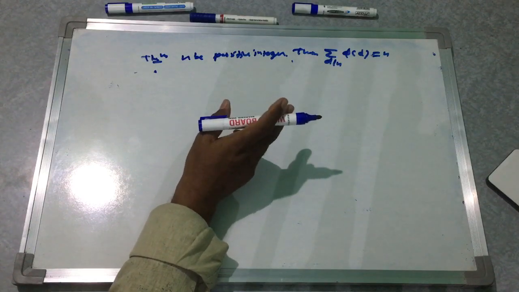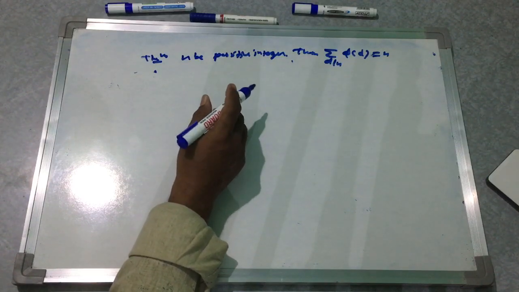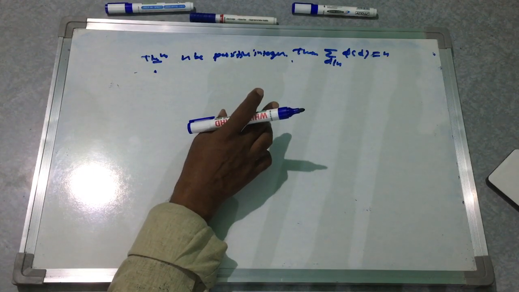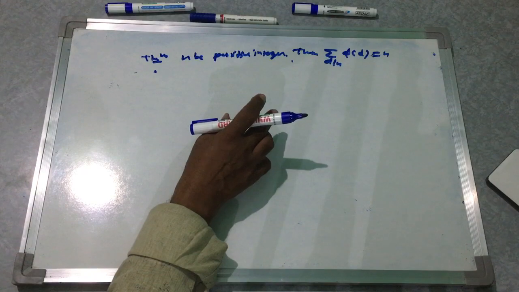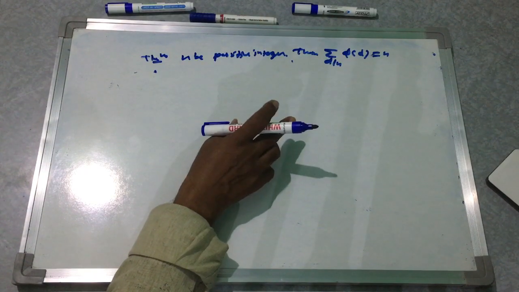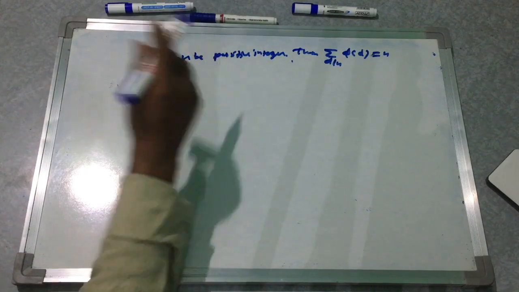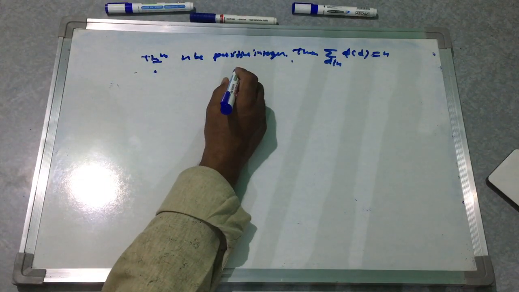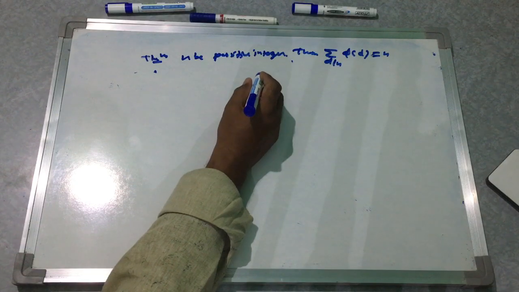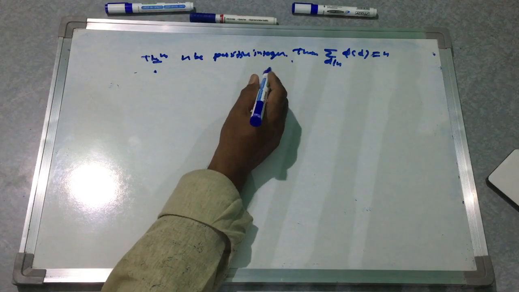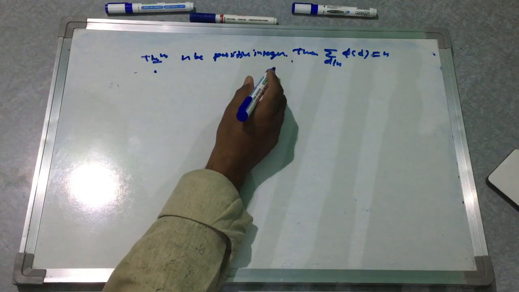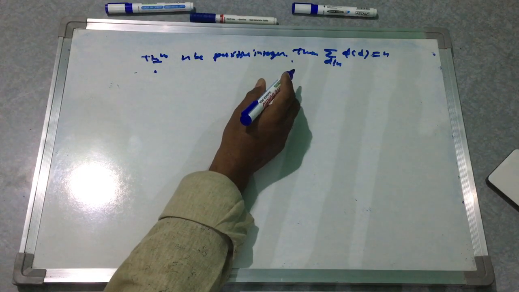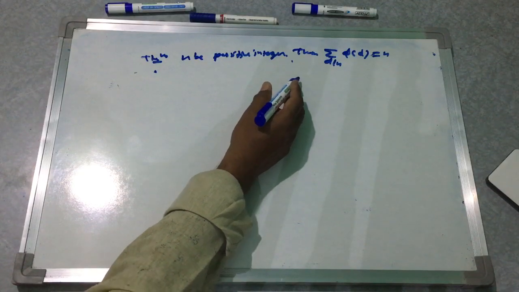Thus the set of integers from 1 to n can be separated into disjoint classes. gcd(m, n) equals d means gcd(m/d, n/d) is equal to 1. Hence the number of integers in C_d is the number of positive integers not exceeding n/d which are relatively prime to n/d. That is equal to phi of n/d, and each integer from 1 to n lies in exactly one C_d.